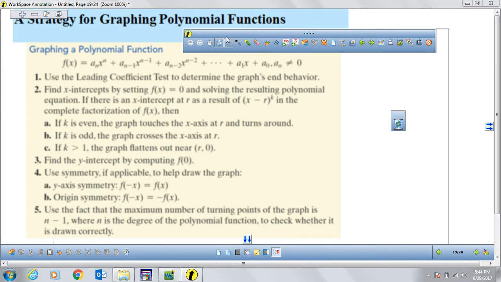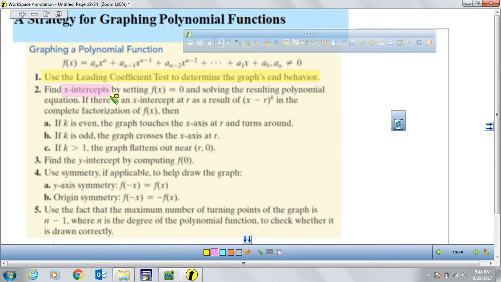Whatever the end behavior is, use the leading coefficient to find it. Number two, we need to find the x-intercepts by setting y equal to 0, and then we have to state the multiplicities and whether it touches or crosses the x-axis. Number three, we have to find the y-intercept by setting x equal to 0.